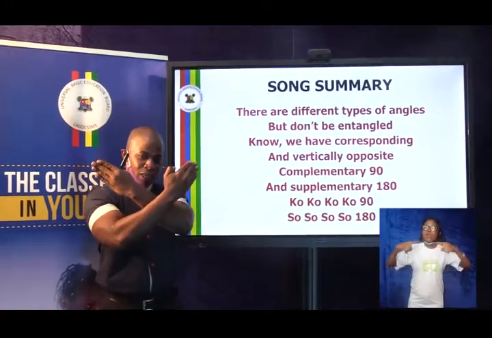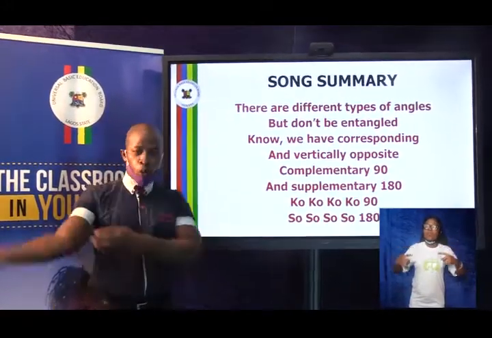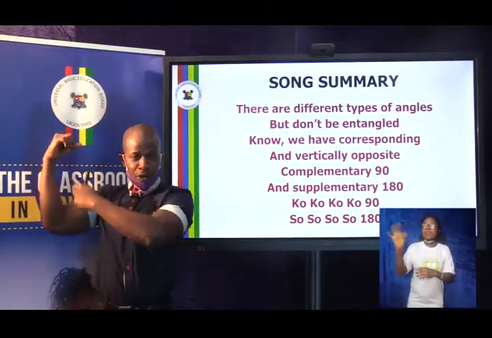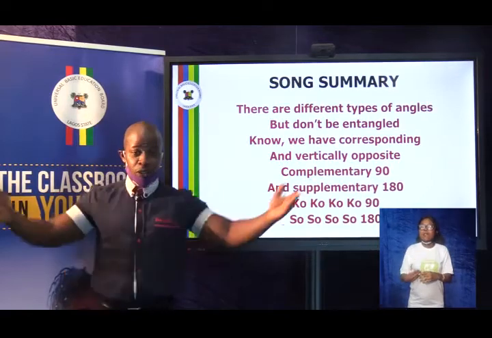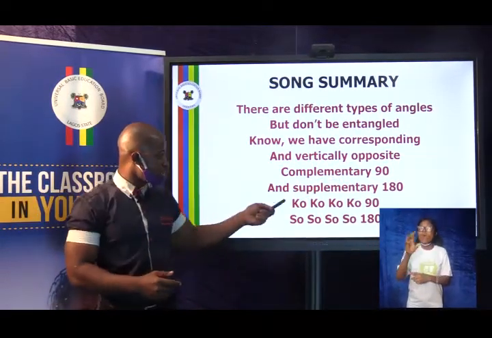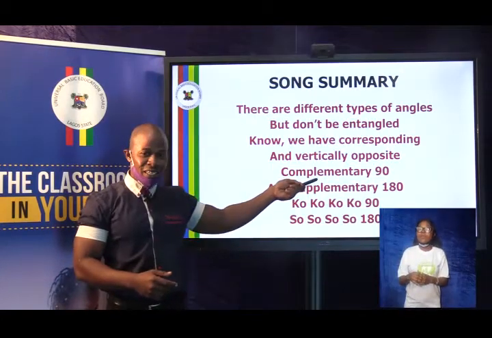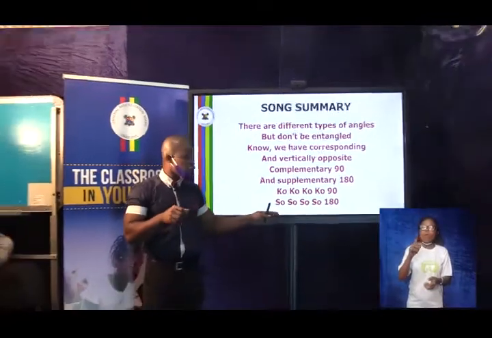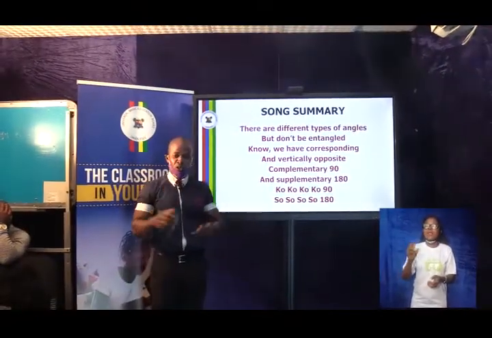Remember, X is for vertically opposite. Then complementary is for 90, so you put your arms like this to do the 90-degree angle, and supplementary 180, the straight line angle. Okay, then just to emphasize that complementary is for 90 so that you don't get confused, say 90, then you say so for supplementary, so 180.